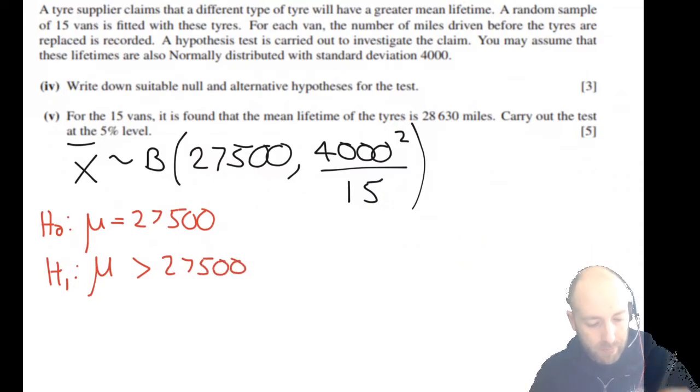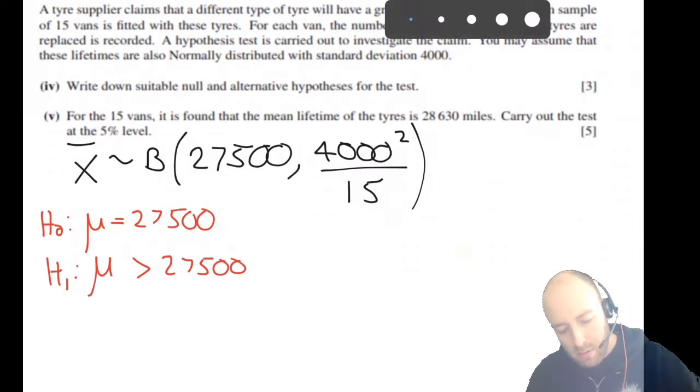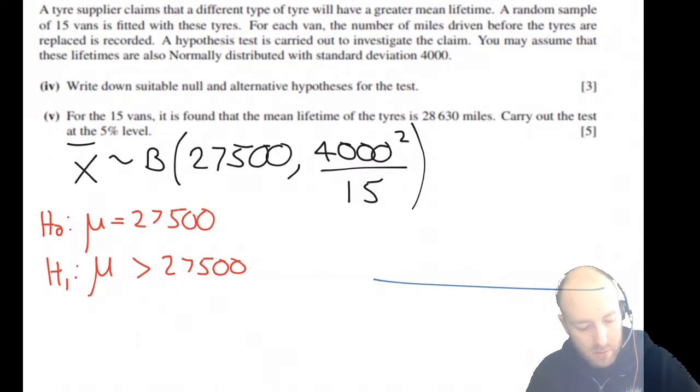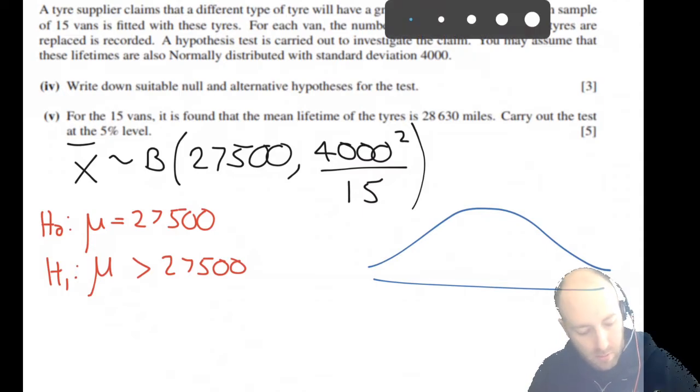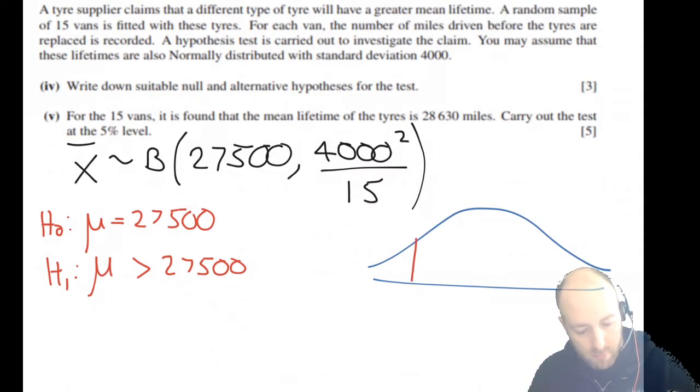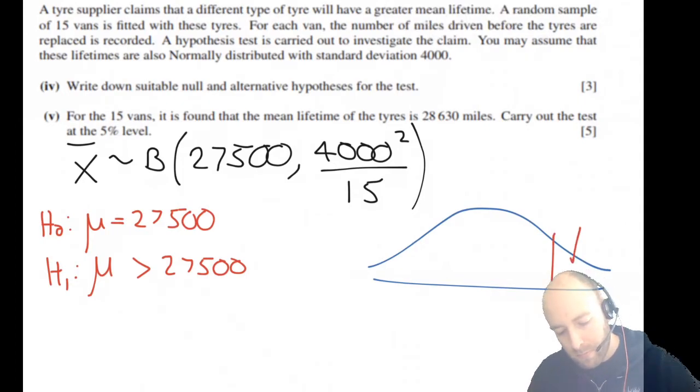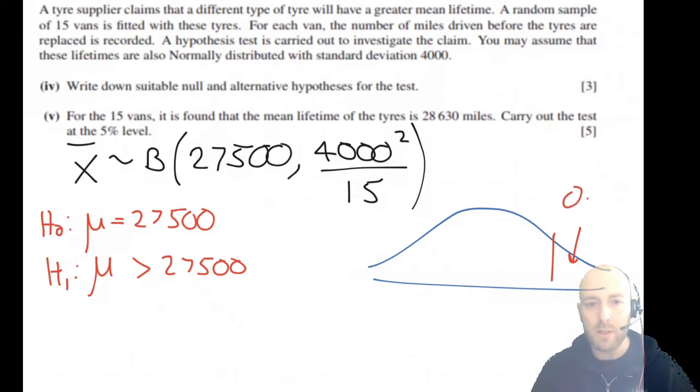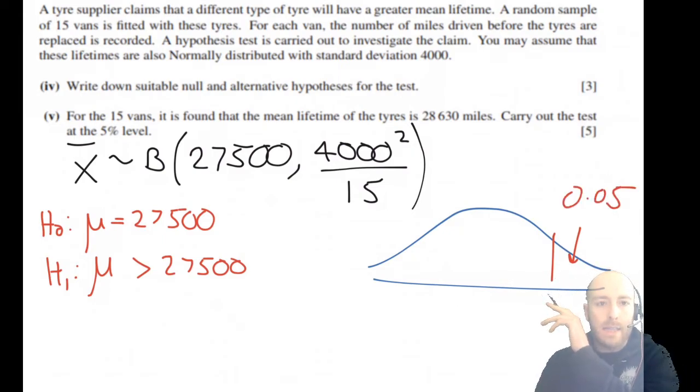Part 5 then. We're doing the test at the 5% level, trying to see if it's increased. This here is 5%. We want to find this critical region and see if the test statistic, which they said is 28,630, is above this or below this.